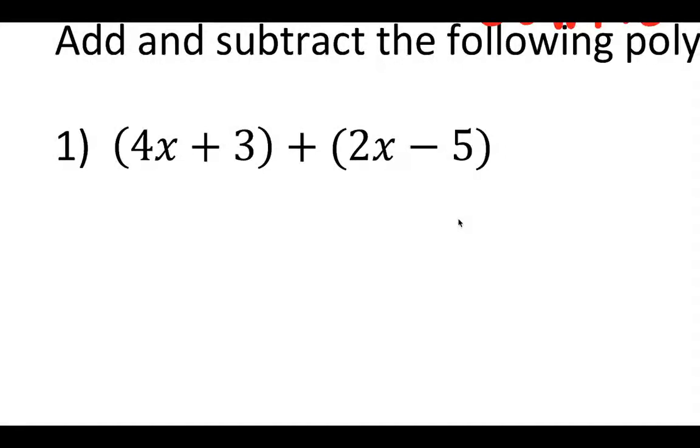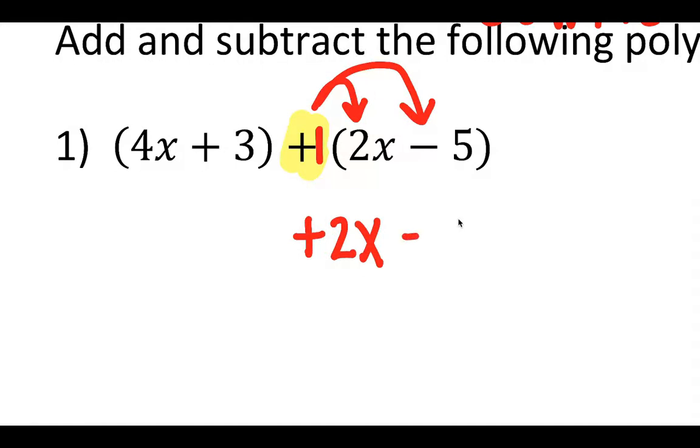So when I add, here's what I want you to think of first, so we can get rid of these parentheses. This plus sign, I want you to think of it as a positive 1. And we have to take this positive 1 and multiply it by everything inside, just like we just did up top. So I really have positive 1 times 2x is positive 2x. Positive 1 times negative 5 is still negative 5. And then I'm just going to copy this down.